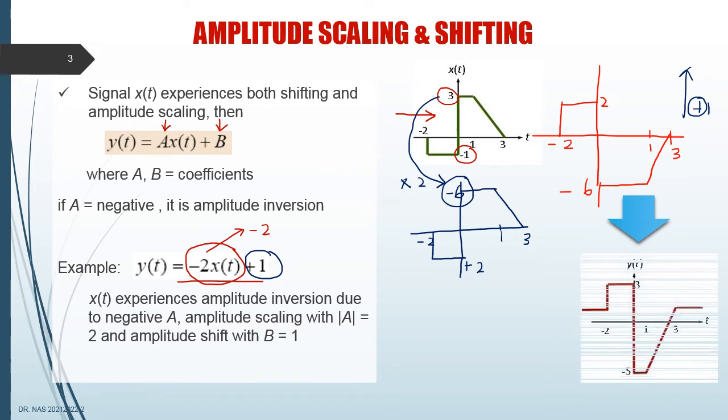So what you have is this. The amplitude 2 being shifted up by +1 becomes 3, and -1 shifted up by 1, you get -5. So the signal is now in a new shape to fulfill the given equation.